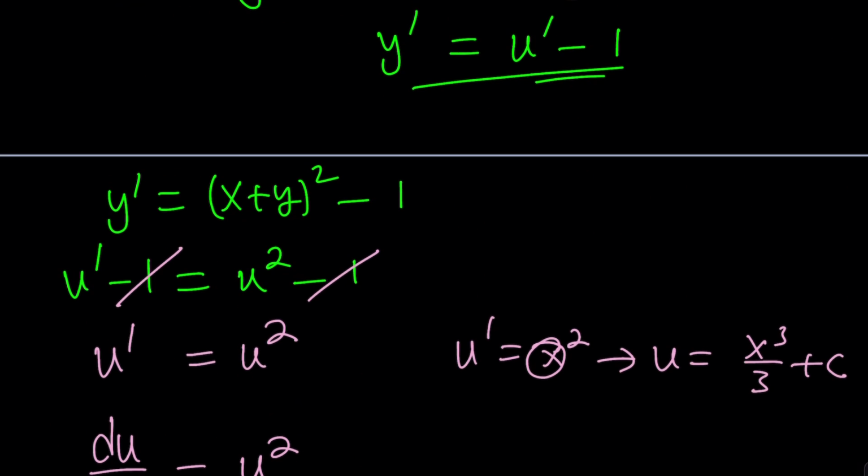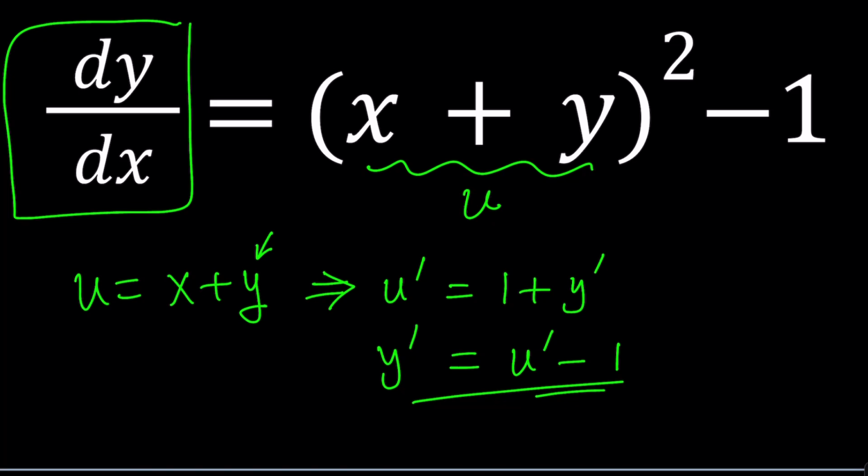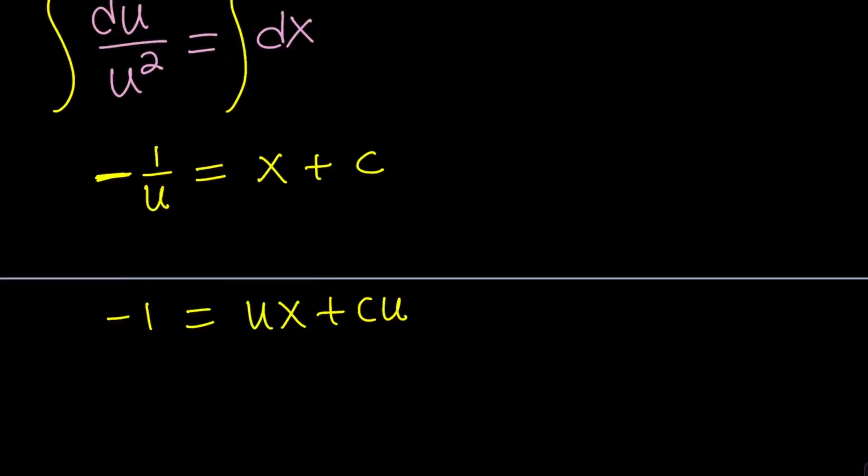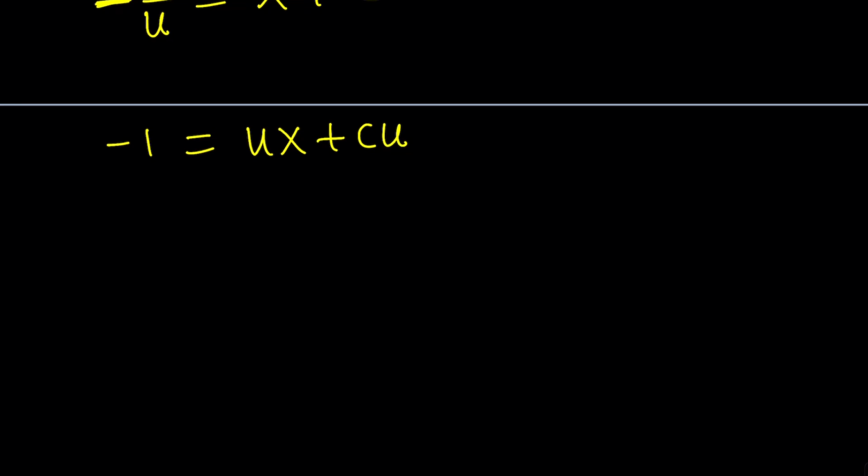What do I mean by that? Because we called this u, x plus y is equal to u, now we need to replace u with x plus y. So u is equal to x plus y here and here. And if you wanted to take out a u, that would be okay too. So you could also write this as u times x plus c.